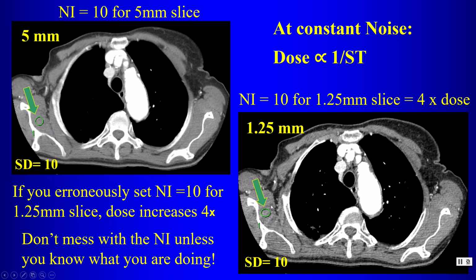So be very careful when you're changing the noise index to make sure that you are adjusting it for the particular slice thicknesses in your protocol that you want to reconstruct. At constant noise, the dose, as we've said, is proportional to 1 over the slice thickness. So if you want the same noise in these 2 slices, you will be increasing the dose 4 times.